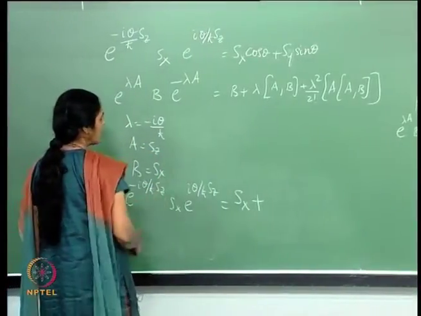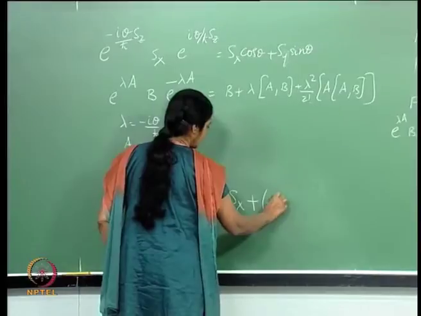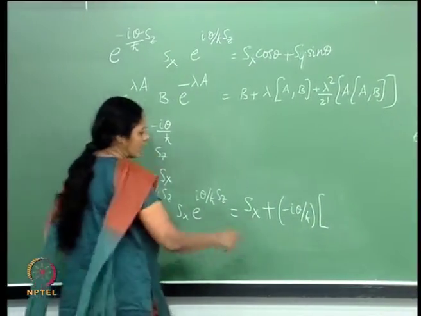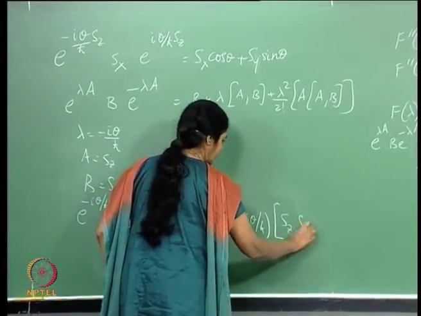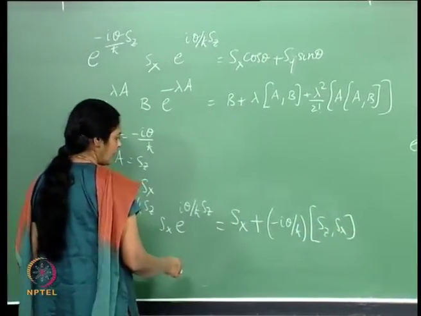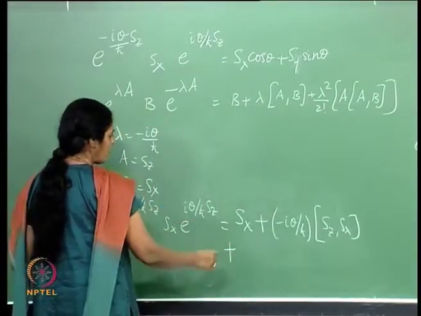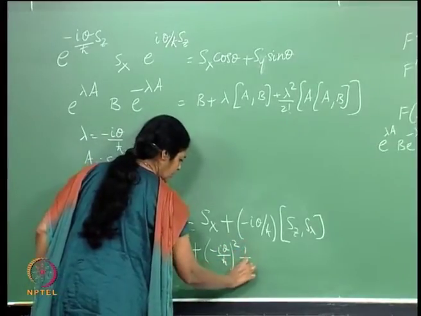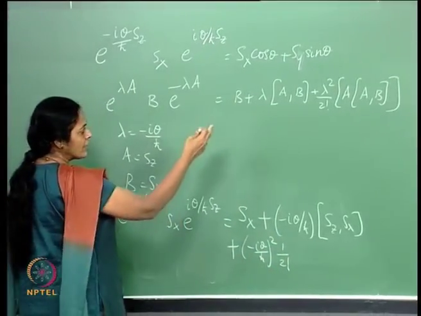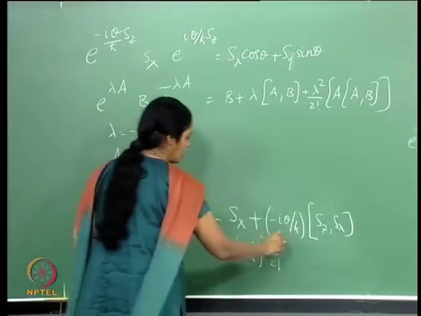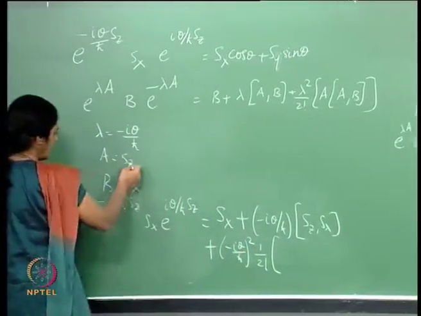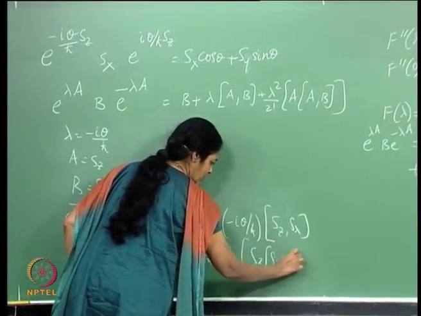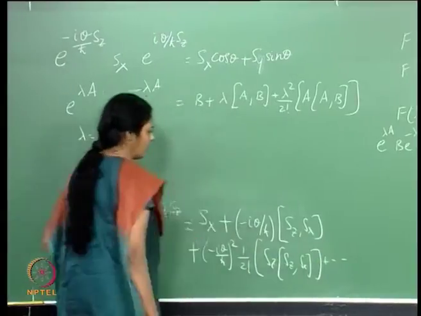plus lambda times the commutator of A with B, which is minus i theta by h cross, the commutator of S z with S x, plus lambda squared by 2 factorial the commutator of A with the commutator of A with B, that is S z with [S z, S x] commutator, plus so on.